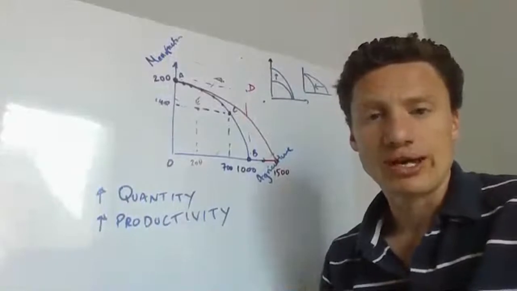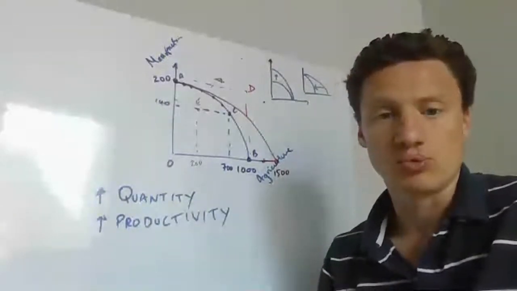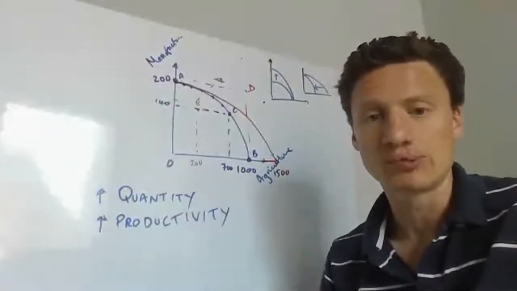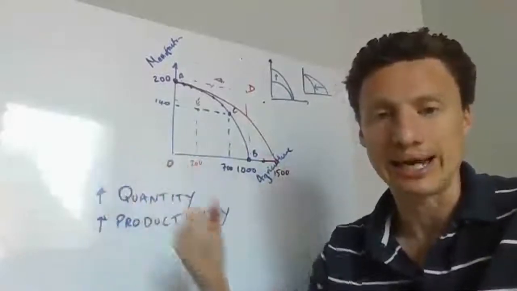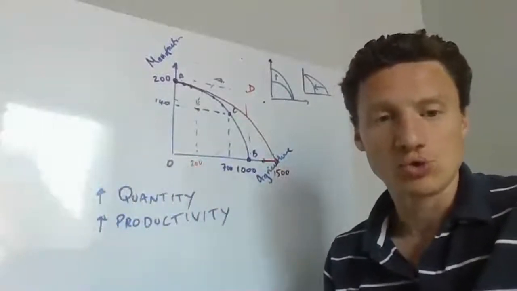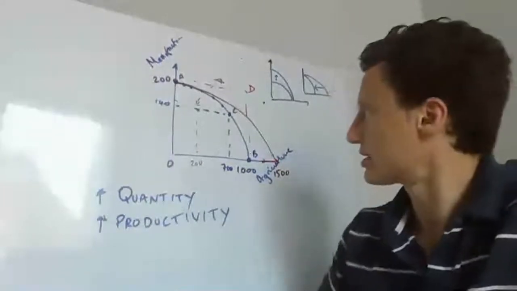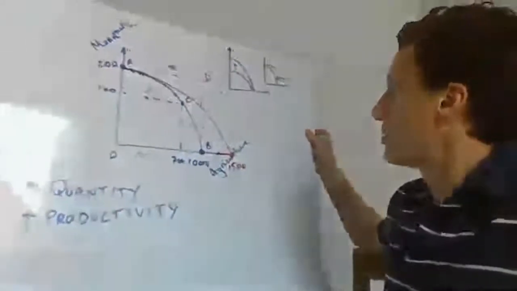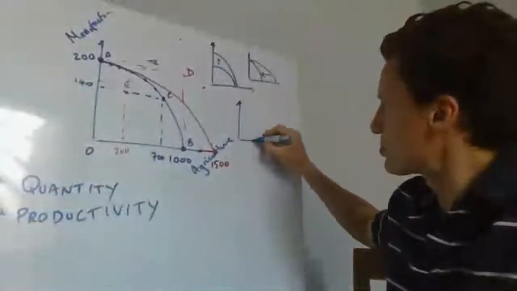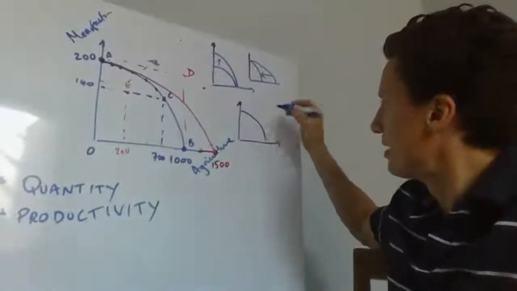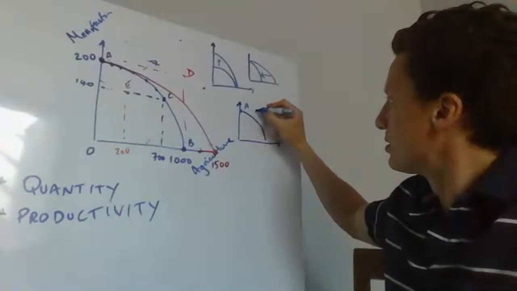So what we've been through is why the PPF looks the way it does. We've talked about what it means to be outside and inside the PPF. We've now talked about movements of the PPF as well. One last thing I'll leave you with is to be careful of the difference between movements along the PPF and movements of the PPF.